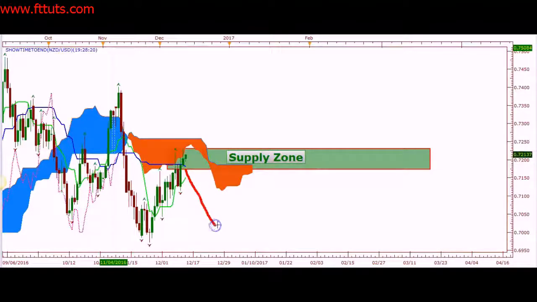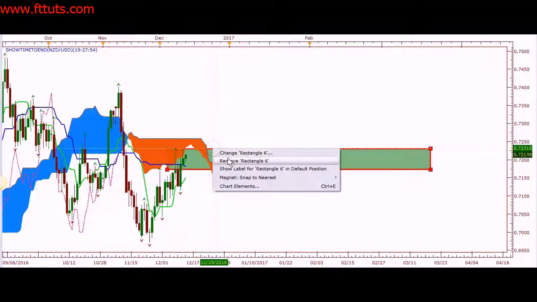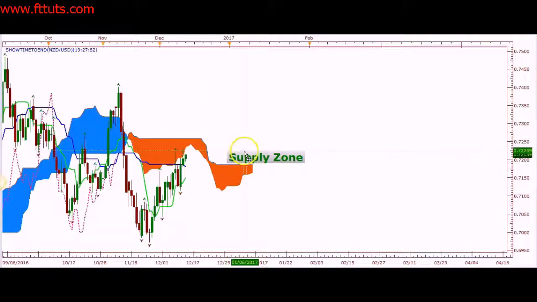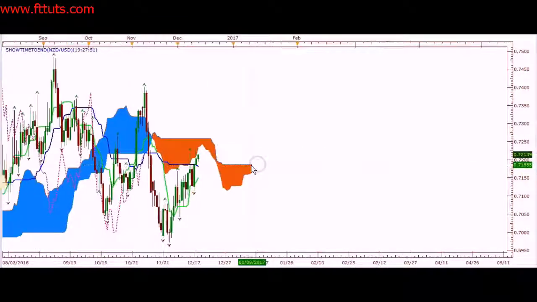Price moved down, stayed below the cloud, hit our zone, then we know we want to trade to the downside because we got Ichimoku signals to the downside and all that, then we would trade to the downside. But I'm going to show you some examples, and there'll be better examples based off of what it really looks like. But that's just to help you understand that you can still use Ichimoku using supply and demand. Everything that I teach you, you could use Ichimoku and do all this stuff.